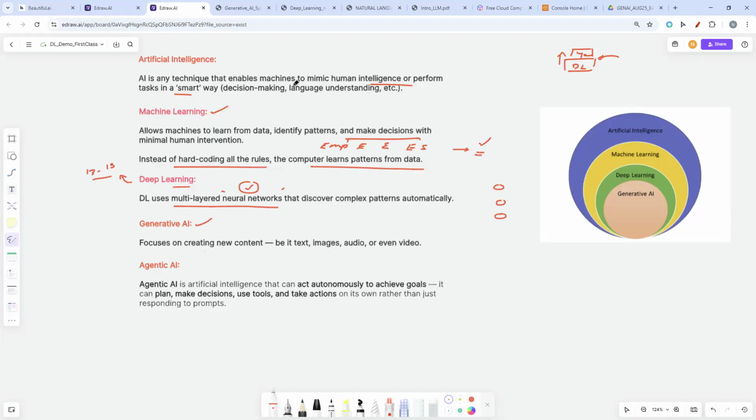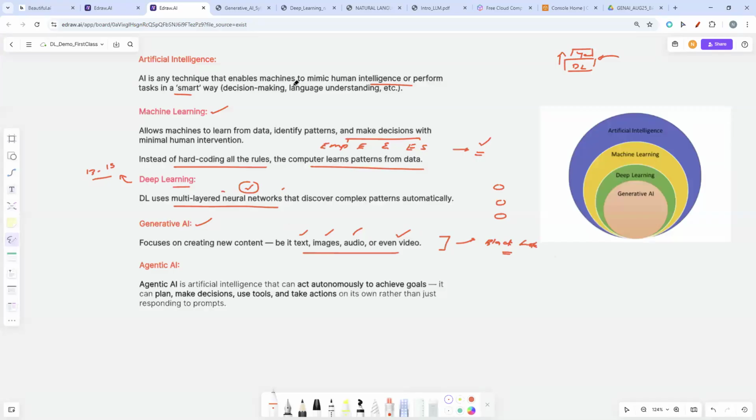All right. So generative AI, you know already. It focuses on creating new content. The content may be text, images, audio, or even video. Apart from this, people are using generative AI for chemical analysis, for drug discovery, or recently the black hole study has been done using neural networks, that too the models that we have in generative AI.